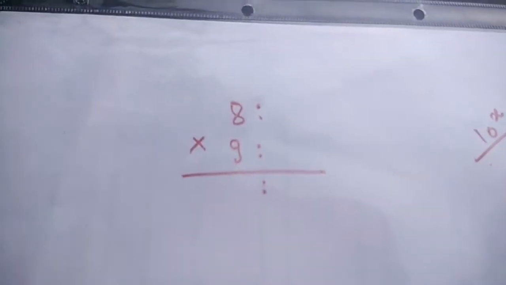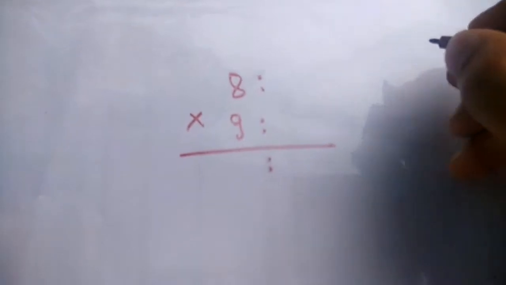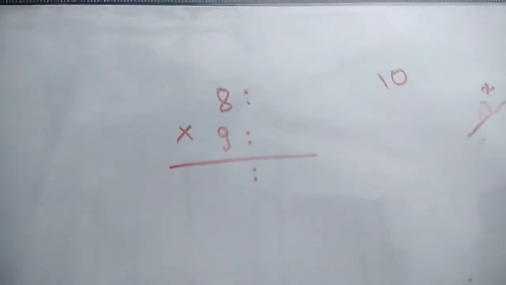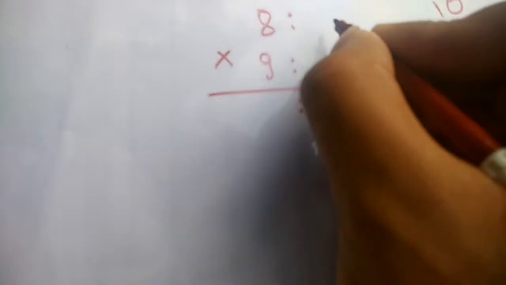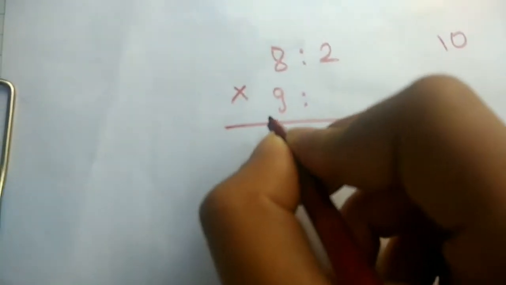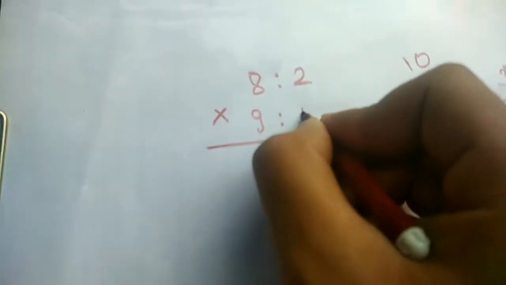For this calculation, I take the base as 10. The difference between 8 and 10 is 2, and the difference between 10 and 9 is 1.